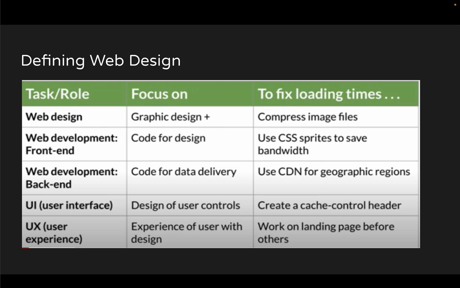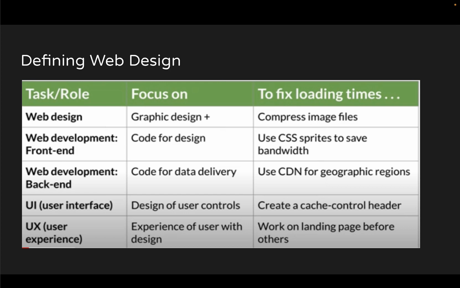That's what a web designer is going to do, is get the content, the assets onto a web page. For example, if their job was to fix loading times, right? So if a website loads too slowly, a web designer's job might be to compress image files or resize image files, for example. In contrast, a front-end developer is going to basically take the actual layout and turn it into code.